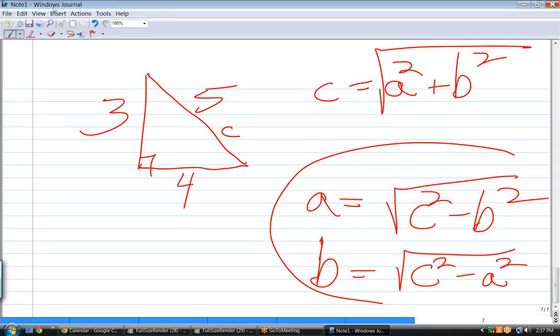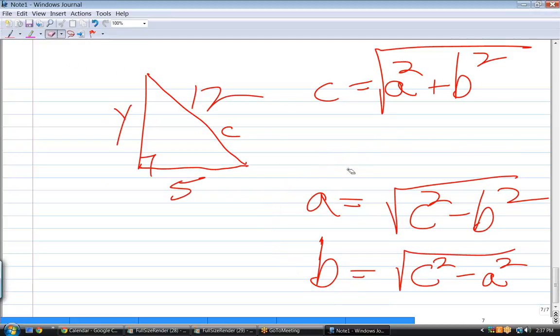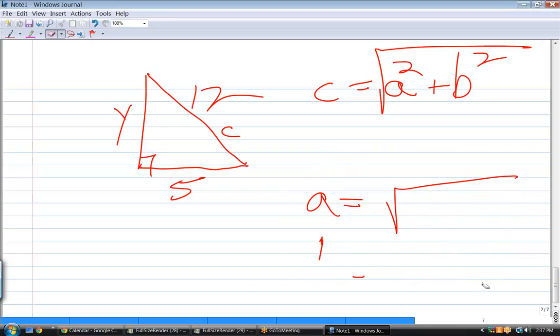Okay? Now, this problem that they just gave you kind of tries to trick you. What would this side be, according to our formulas here? We're solving for a short side, right? Yeah. So what is it?